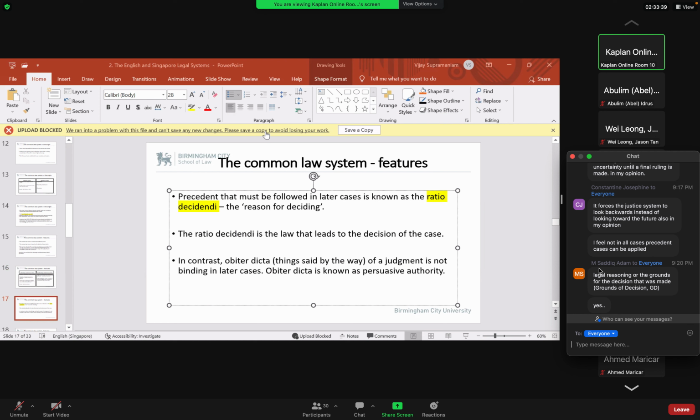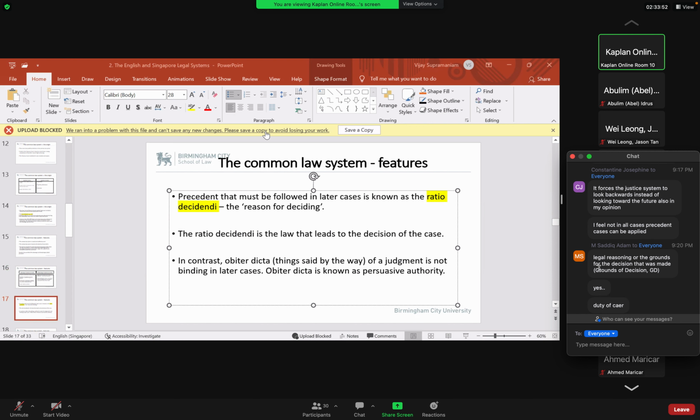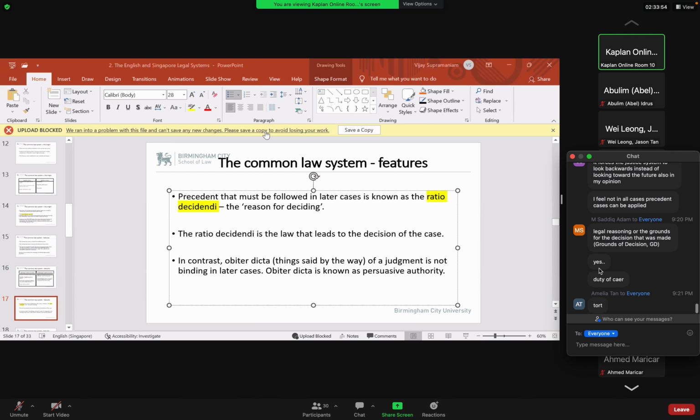But what was the law that they applied? Can you tell me? What was the law applied in the case to say that manufacturers are liable towards consumers? Yeah, tort law, but let's be more specific.